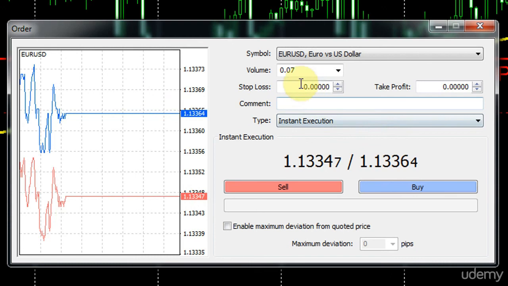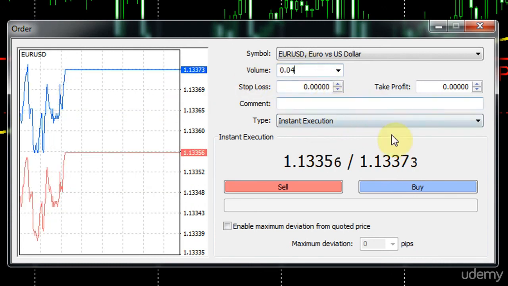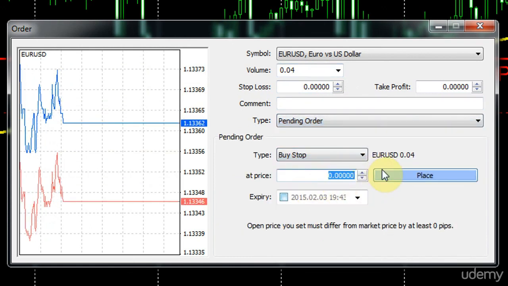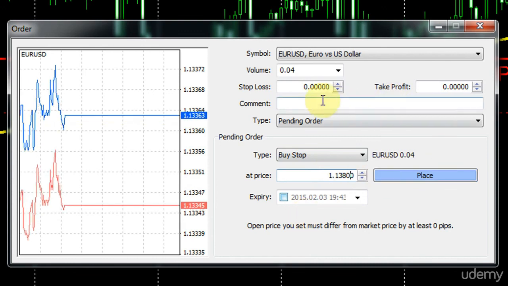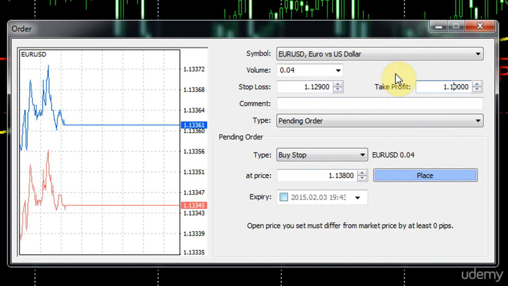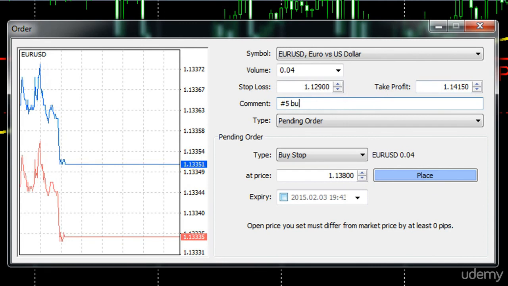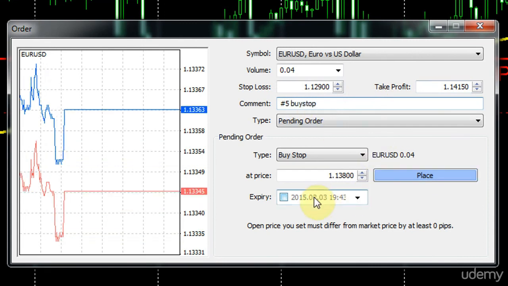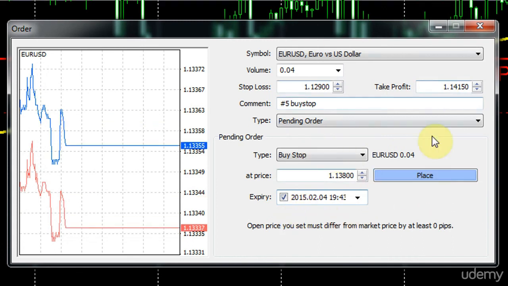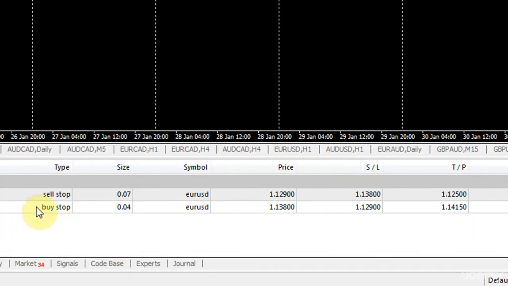So 0.04, pending order, buy stop, 1.1380, stop loss 1.1290, take profit 1.1415, number 5, buy stop. Comment, actually expiry date, check everything, place. Okay, that should be done.